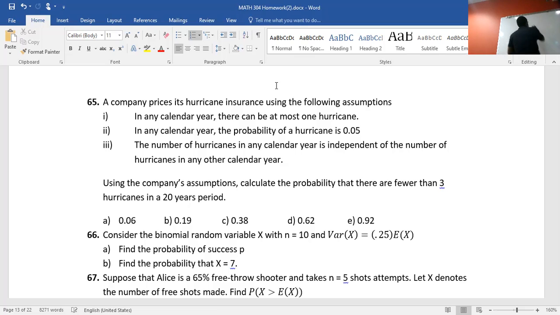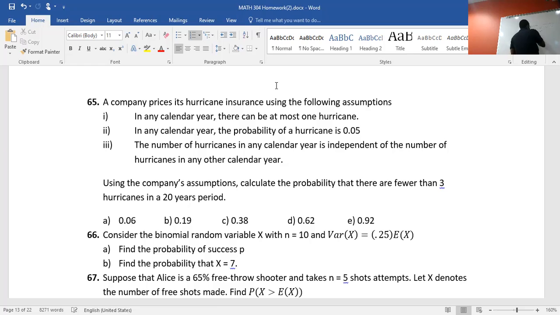What is success here? Hurricane. And what is the probability of success? 0.05. What is the number of trials here?